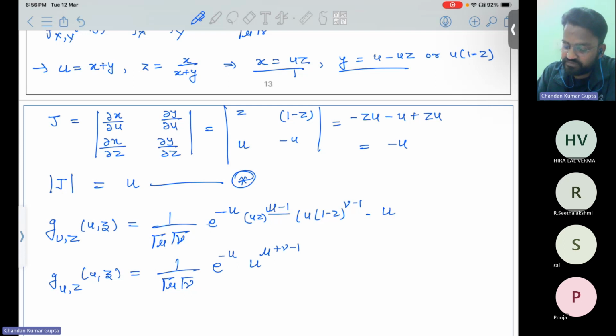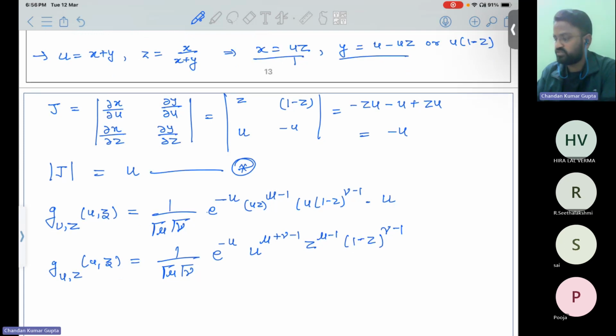Here mu minus 1, here nu minus 1, here u. So mu plus nu minus 2 plus 1, that is mu plus nu minus 1, and z to the power mu minus 1, and 1 minus z to the power nu minus 1. Up to this point, it is okay.